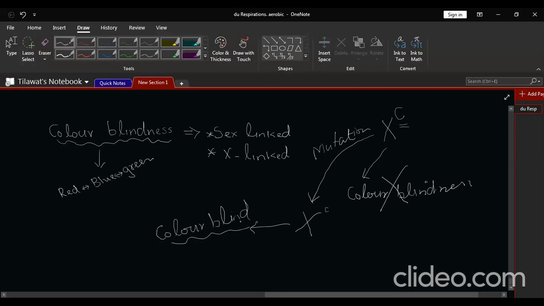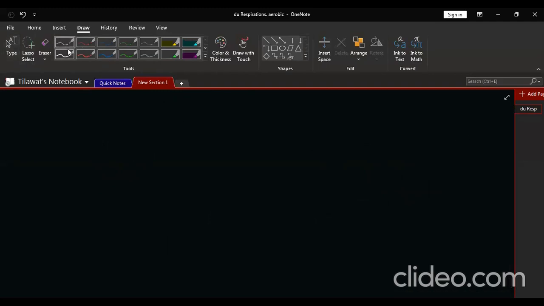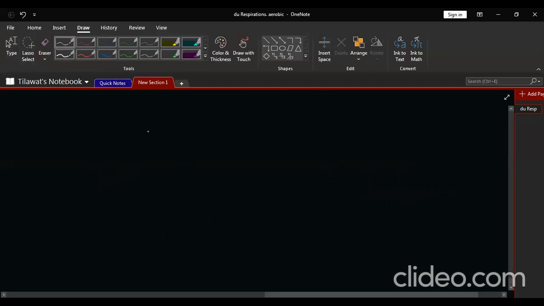Now, as we know that within each cell there are genes in pairs. So let's suppose a person has this condition: this is one allele, this is another. If both alleles are dominant, this person is what? This person is normal. He is not colorblind.